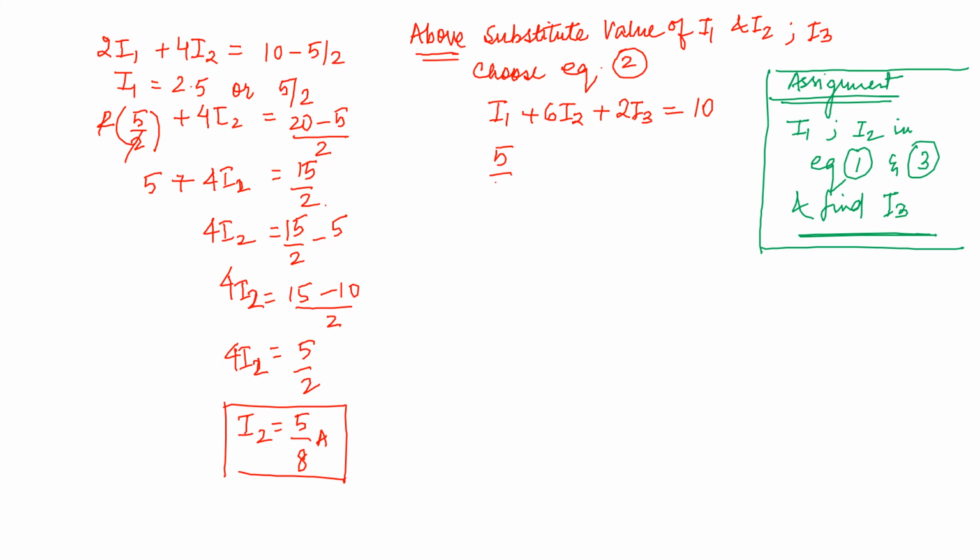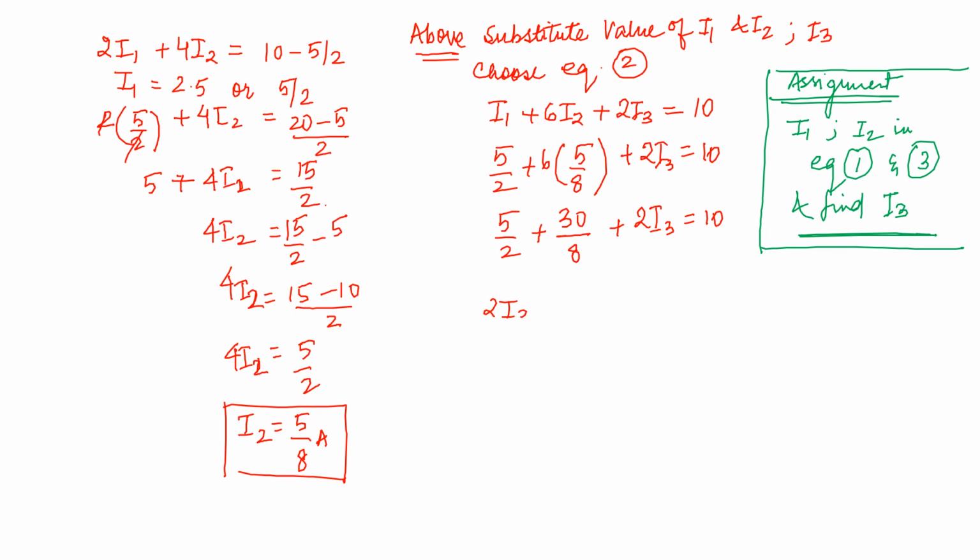I1 is 5 upon 2 plus 6 into 5 upon 8 plus 2I3 equals to 10. It will give us 5 upon 2 plus 30 upon 8 plus 2I3 equals to 10. It will again give us 2I3 equals to 10 minus 5 upon 2 minus 15 upon 4.